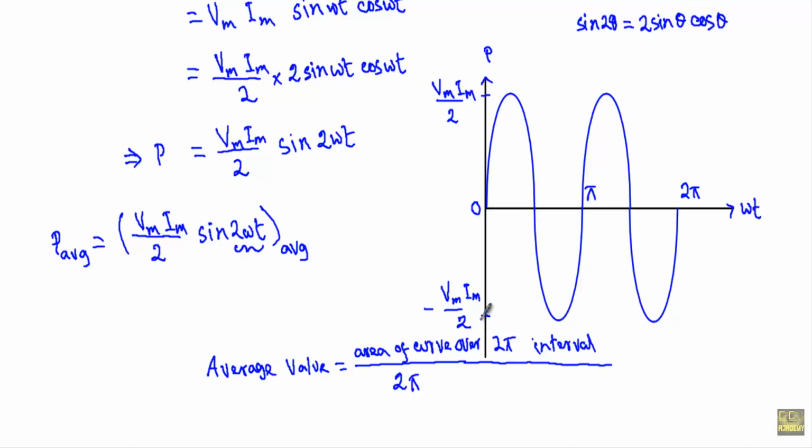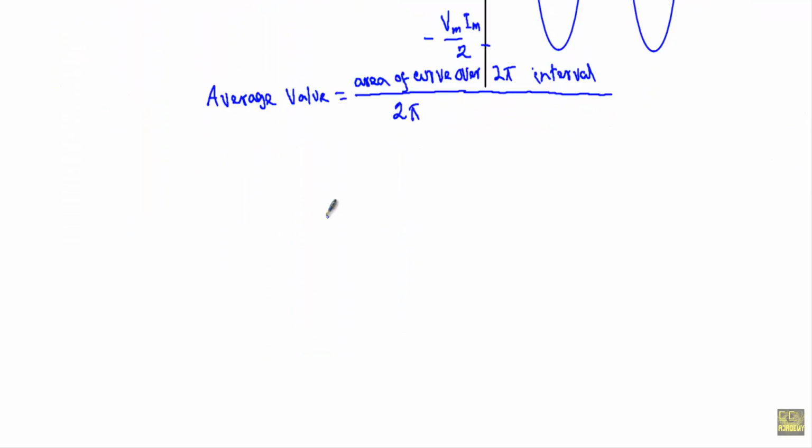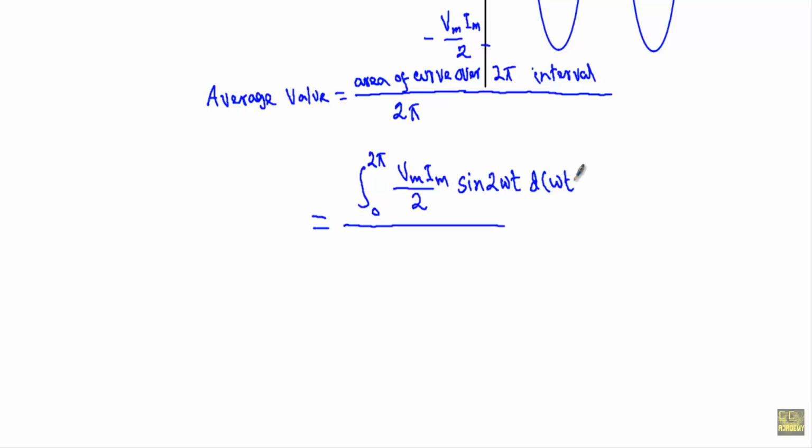Now, how do we calculate the area of this sin 2 omega t over the 2 pi interval? I will simply integrate it from 0 to 2 pi. The magnitude will be Vm Im by 2 sin 2 omega t d omega t divided by 2 pi.